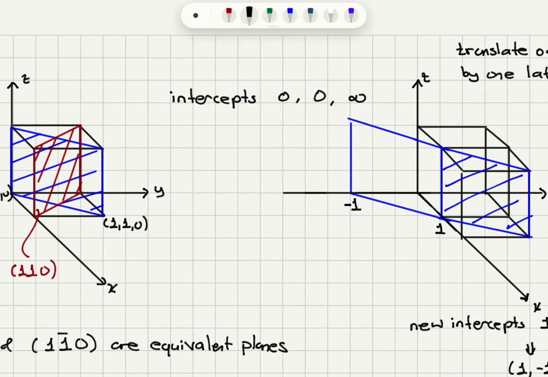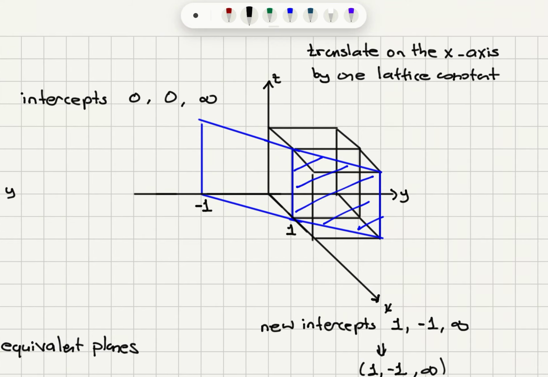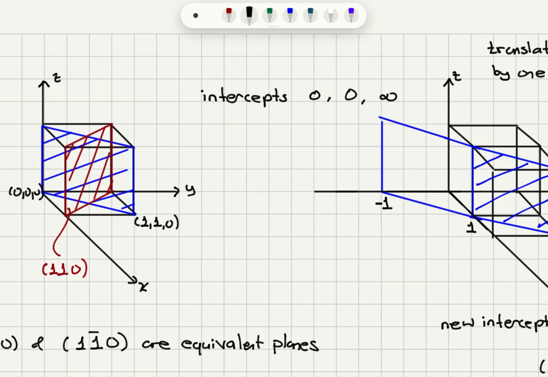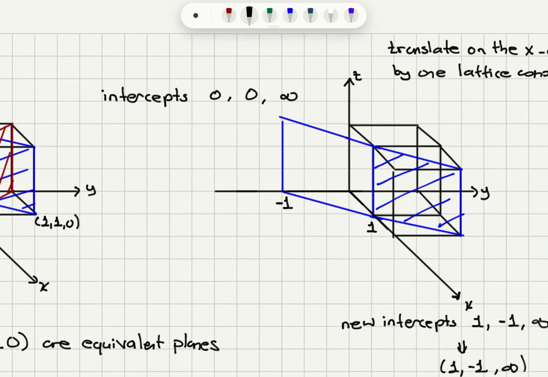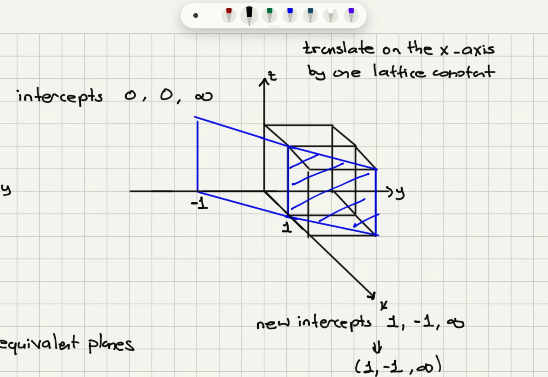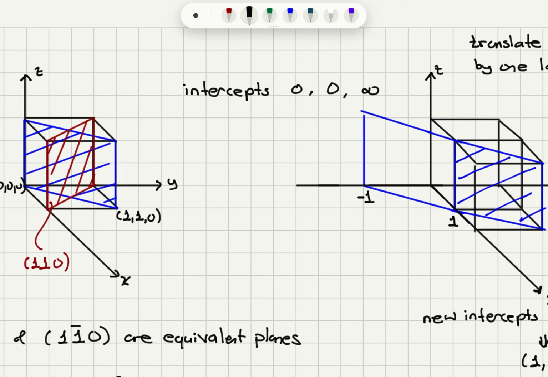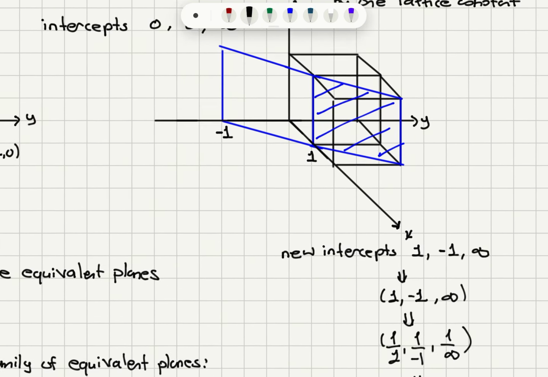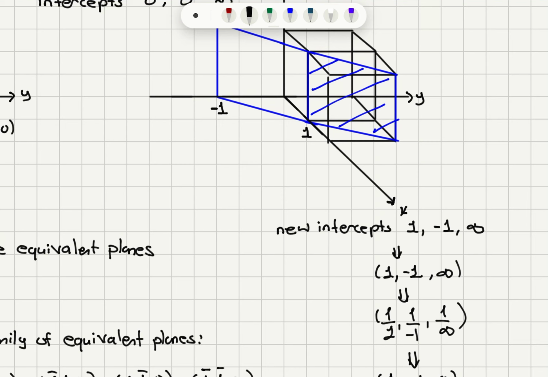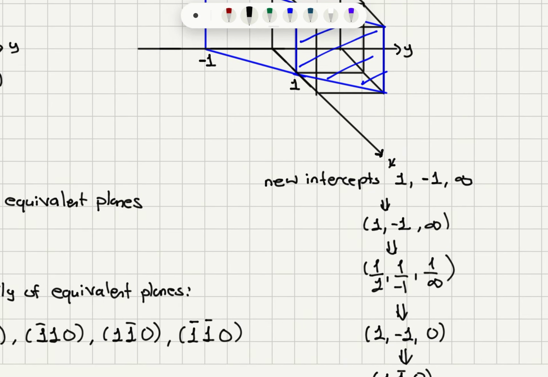It was intercepting at 0, now it's intercepting at 1 on the x-axis. Since this plane goes through 0, 0, 0 and 1, 1, 0, the new translated plane will intercept the y-axis at minus 1. So the new intercepts will be 1, minus 1, and infinity.